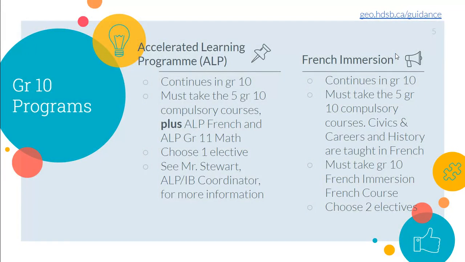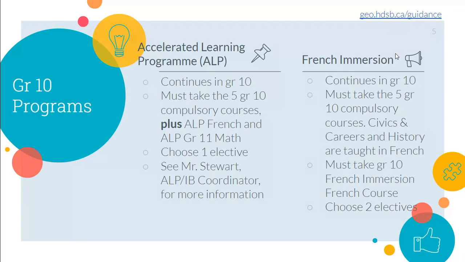For those additional programs that started in grade 9, we have our accelerated learning program, ALP, that will continue in grade 10. And as I mentioned earlier, you must take the 5 compulsory courses for the grade 10 year. However, you also must take the ALP grade 10 French course and the ALP grade 11 math course.